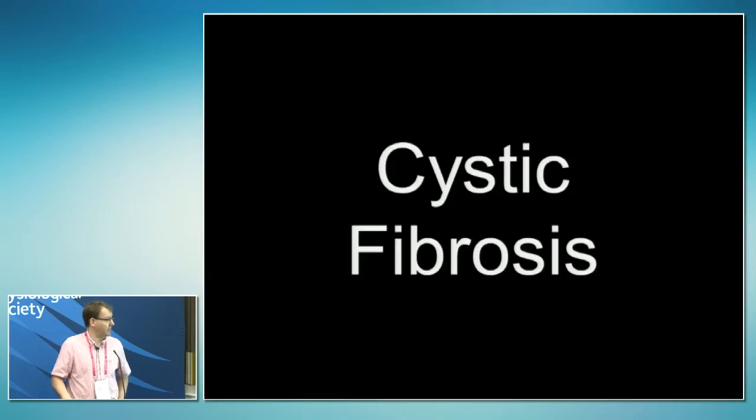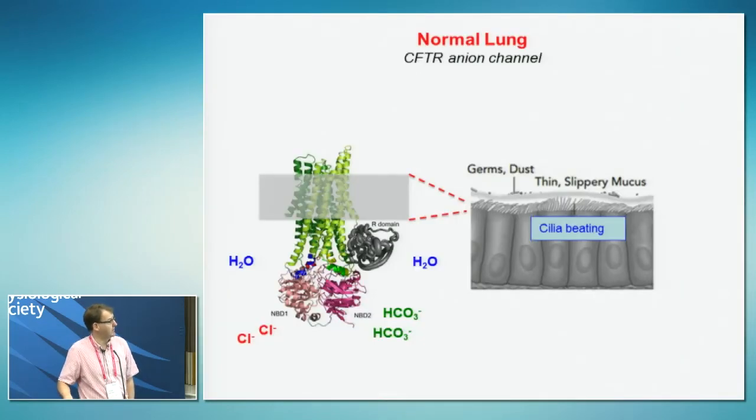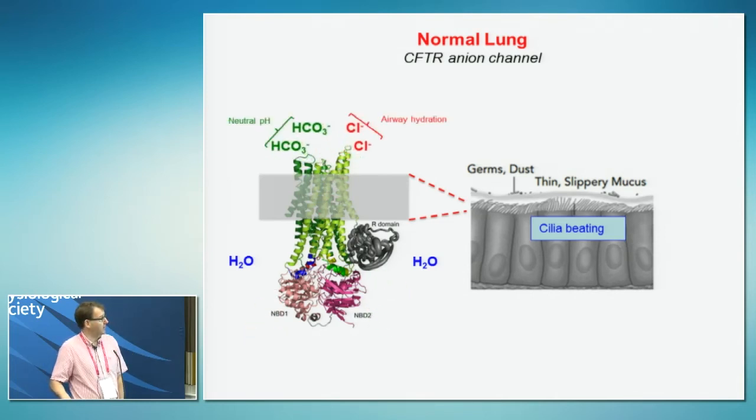Now, I've got about 4 or 5 minutes left, so I just want to briefly explain some of our work on CF. I won't get through it all, but I just want to make a couple of points. For normal lung function, we need the CFTR protein. It's an anion channel. It allows bicarbonate and chloride to pass through, and this sets up an osmotic gradient which allows water molecules to pass through.